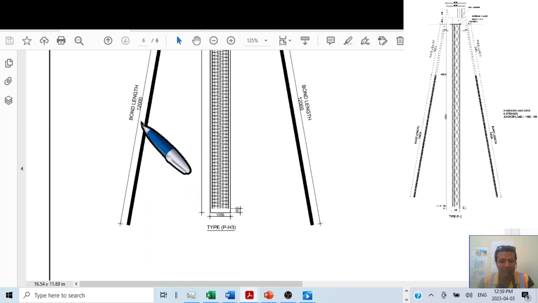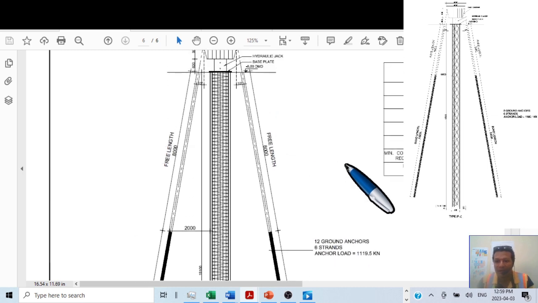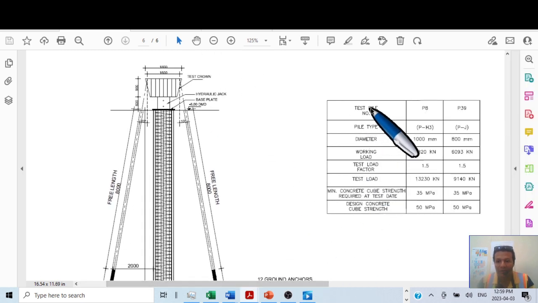So this is an example. As you can see, we have 12 ground anchors, 6 strands for each, and the anchor load, as we have discussed now, is 1119.5 kilonewton. And here we have the test pile, we have two piles, pile type, diameter, working load, test load at 1.5 times working load, and the minimum concrete cube strength required at test date, 35 megapascal.